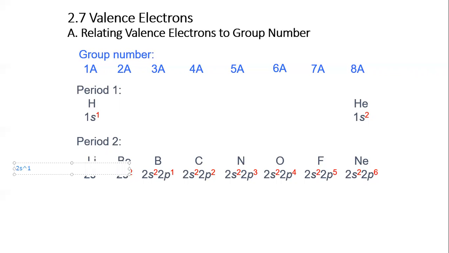The only reason it's written with a caret here is because I don't have the ability to write it as a superscript. But the main thing to note is that as you go from left to right, as the group number increases, the number of valence electrons increases.